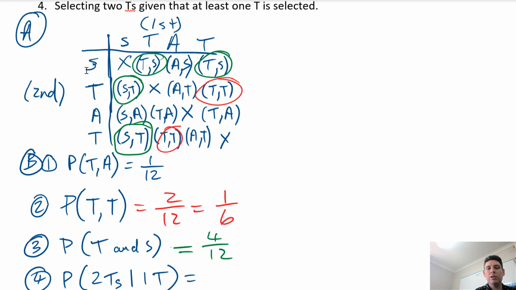There's 1, 2, 3, 4, 5, 6, 7, 8, 9, 10 that have 1 T, and how many that have 2 T's. So out of all of the ones that have 1 T, let's say you pick in Scrabble, you've picked a T, and now you want to know the chance of you picking a second T. Given that you've already picked 1 T, it would be 1 out of 5, or 20% chance.